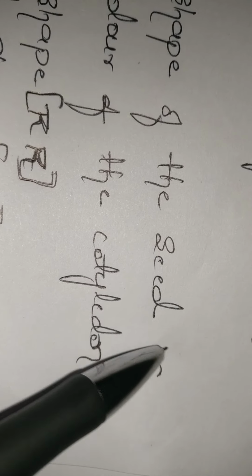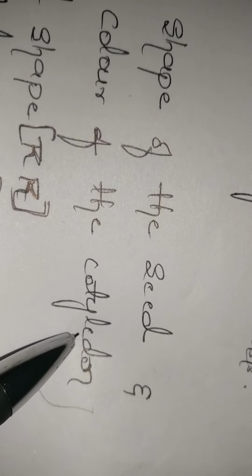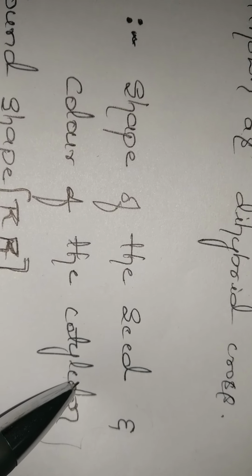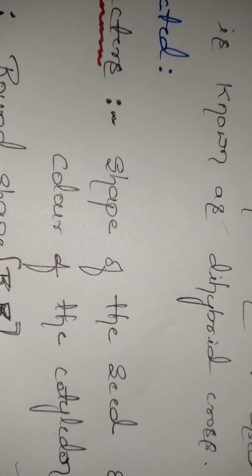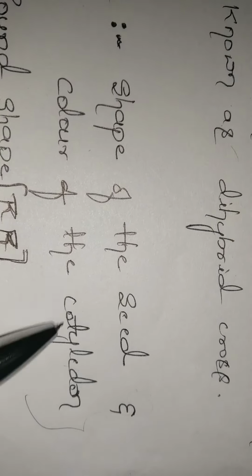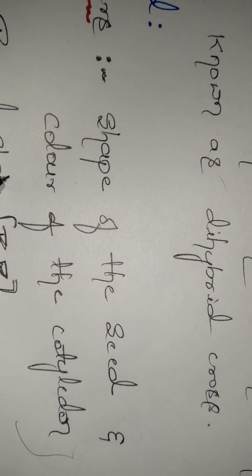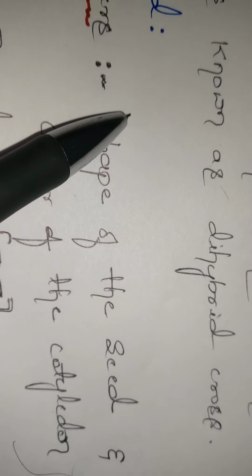These are the two contrasting characters selected by Mendel to prove the dihybrid cross. So what is the shape of the seed, what is the color of the seed, and what characters are selected for these two characters?